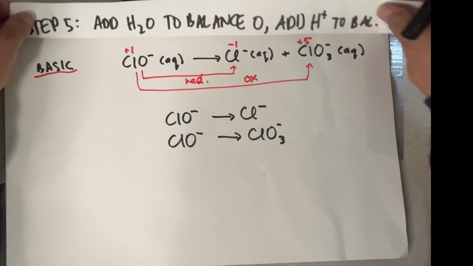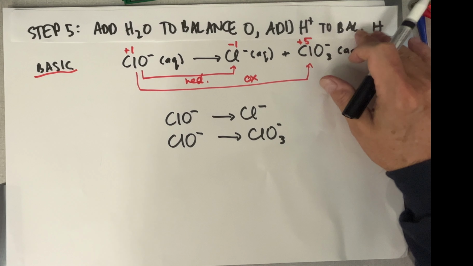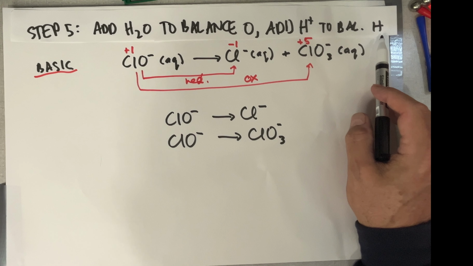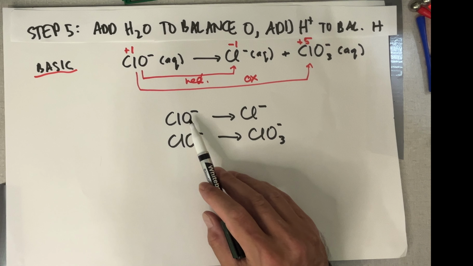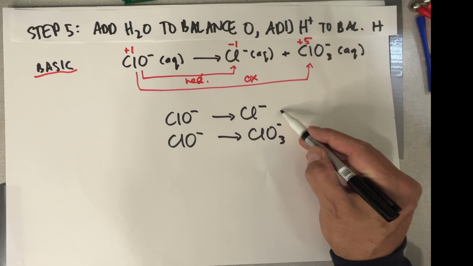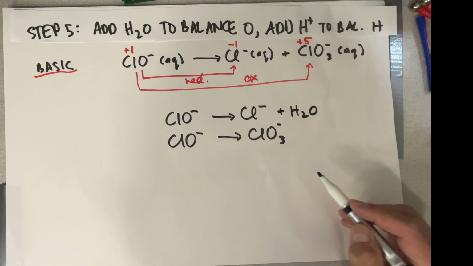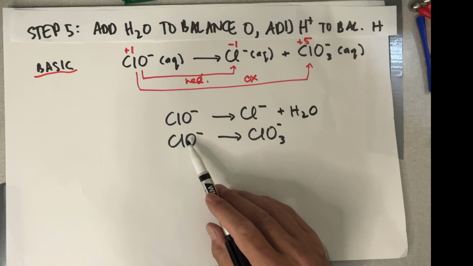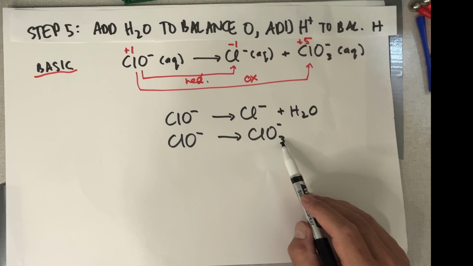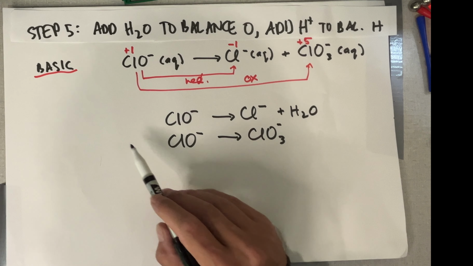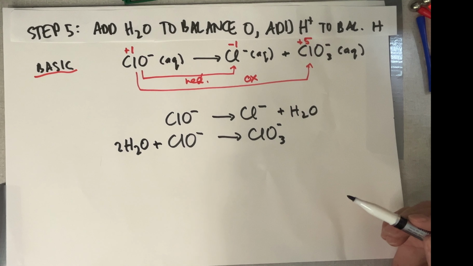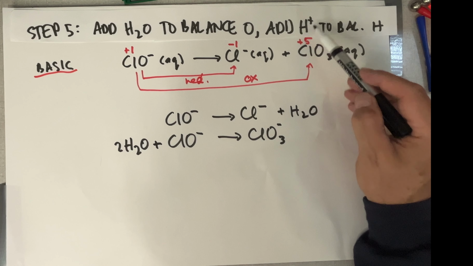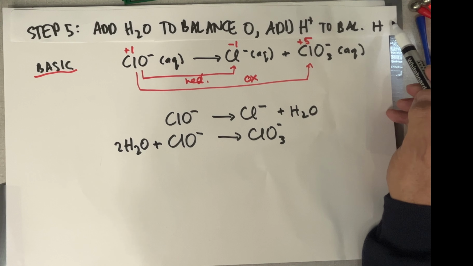Step 5, add water to balance the oxygen, add H plus to balance the hydrogen. We see here 1 oxygen, and so we need to balance that with 1 water. And we see here 1 oxygen again, and we see here 3 oxygens. That means on this side we require 2 H2Os. And then we need to balance the hydrogens with H plus.